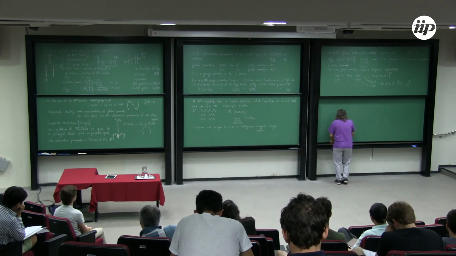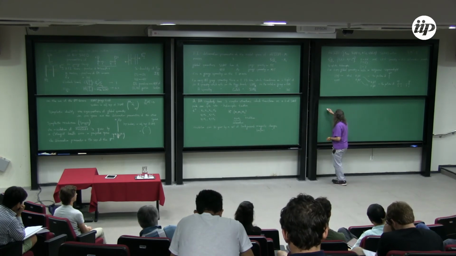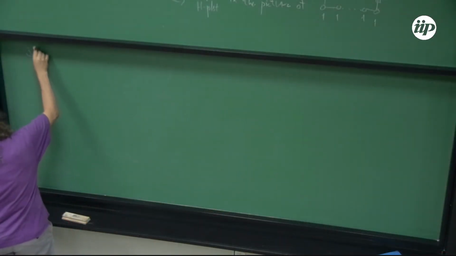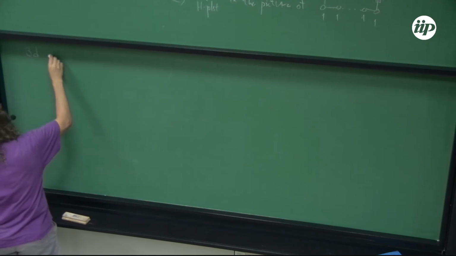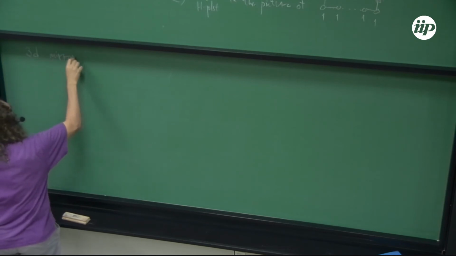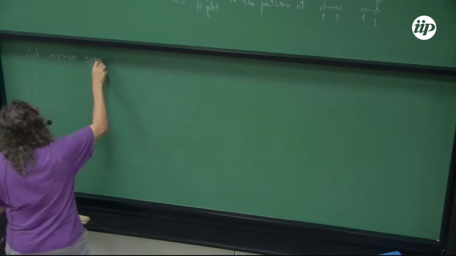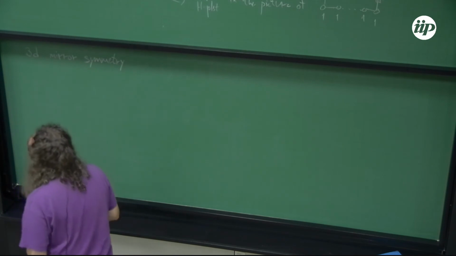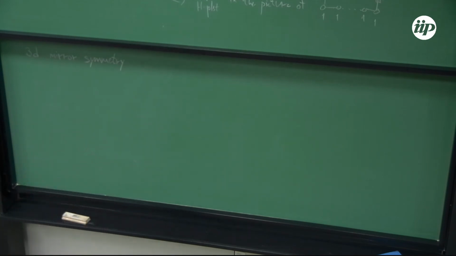Okay, so the stuff that we talked about goes under the name of 3-dimensional mirror symmetry. I don't like the name mirror symmetry. We're not really doing a mirror. I think we should not use the word mirror or duality too many times.